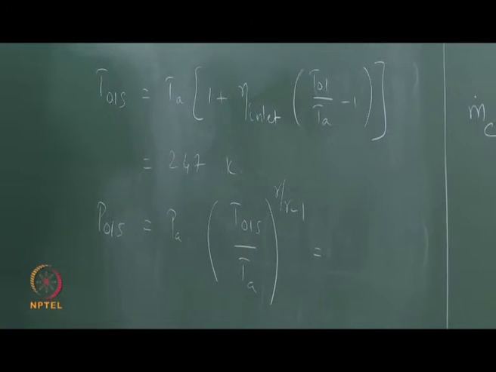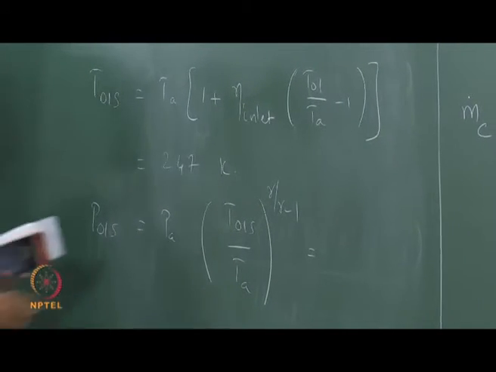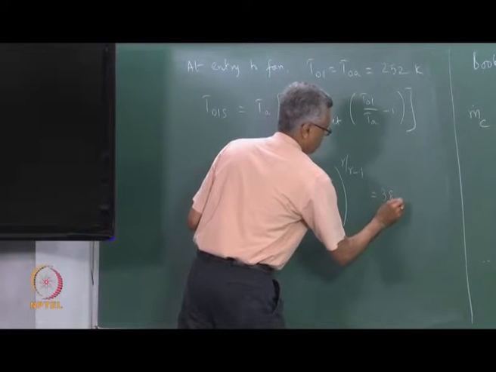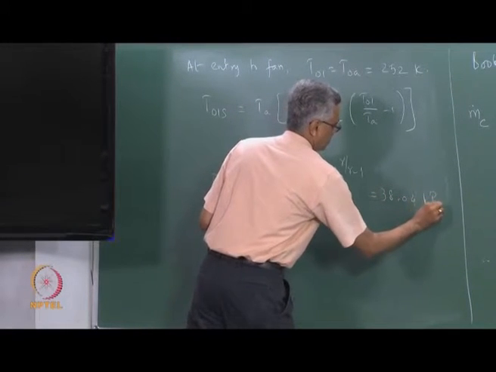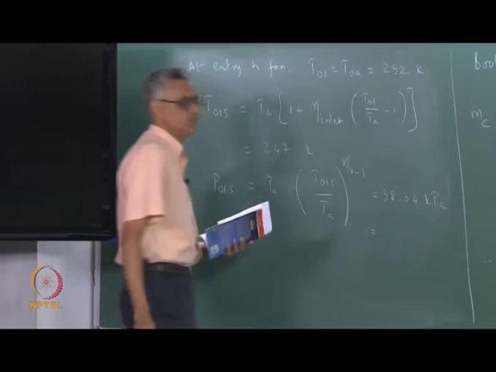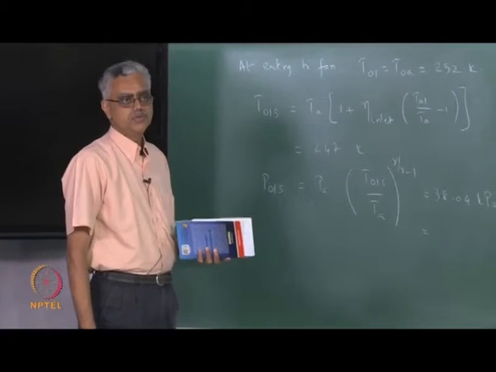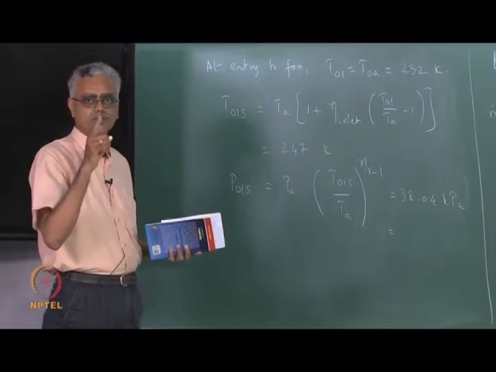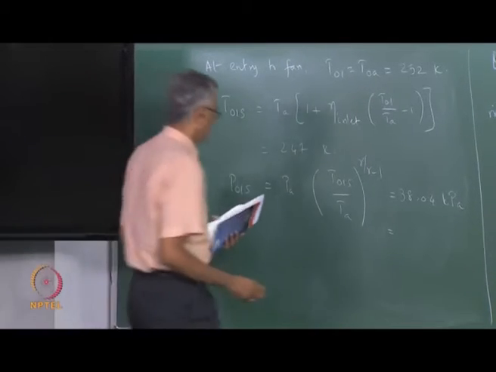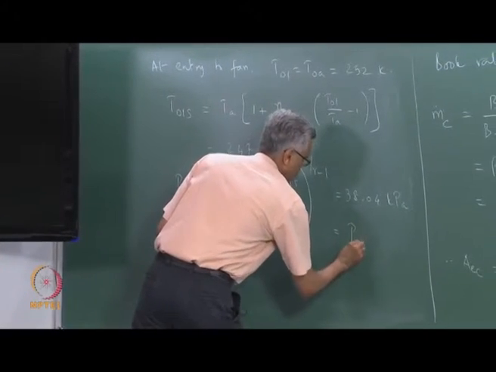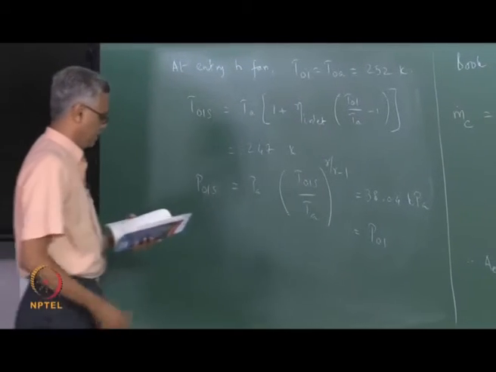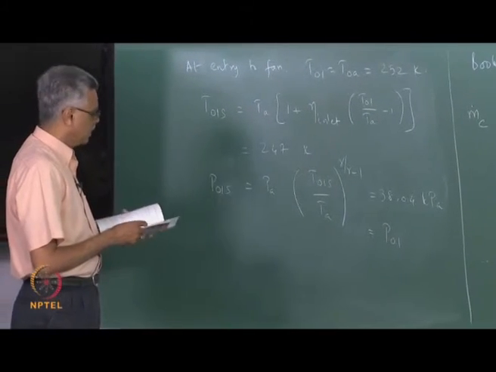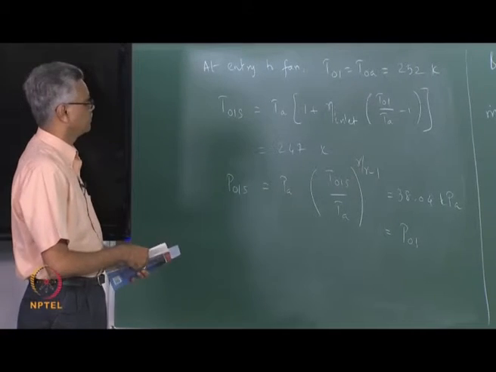So if I substitute the numbers, I get this to be 38.04 kilopascal, and if you remember from our earlier lecture, P01 is equal to P01S because both of them lie on the same isobar. That is how we define the efficiency. So this is equal to P01. So now I have T01 and P01.